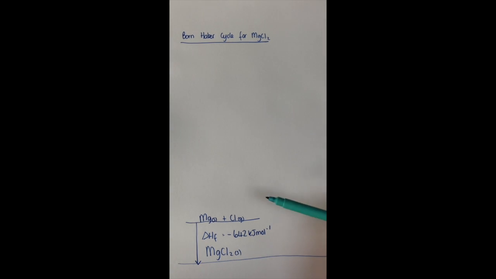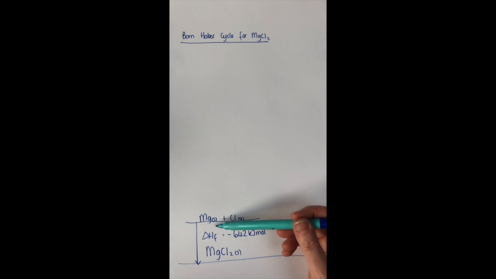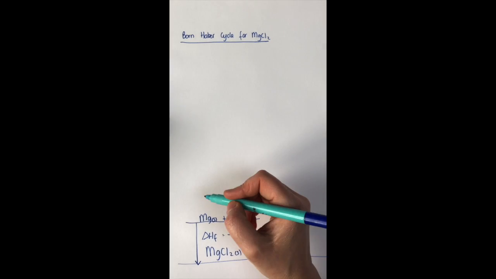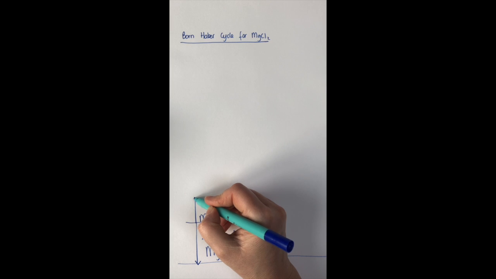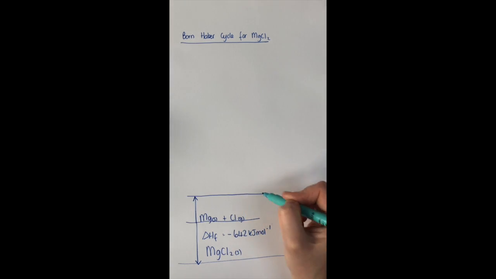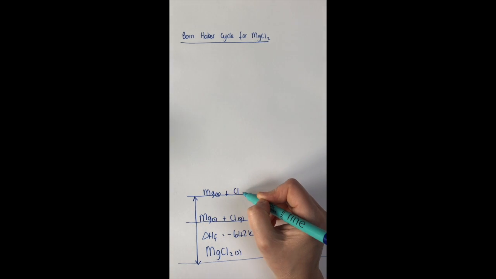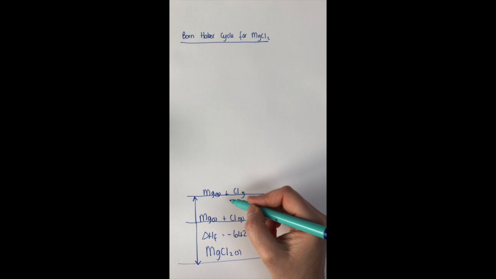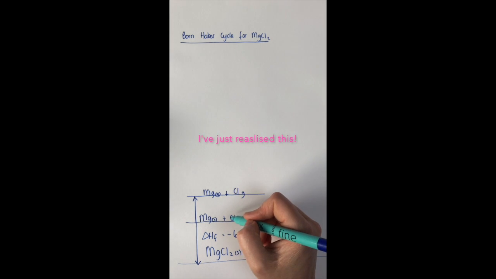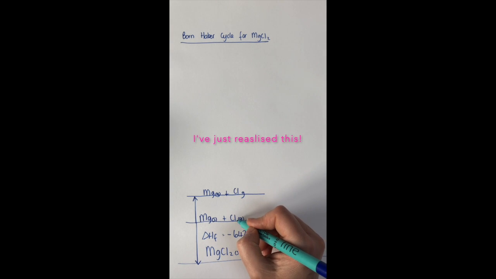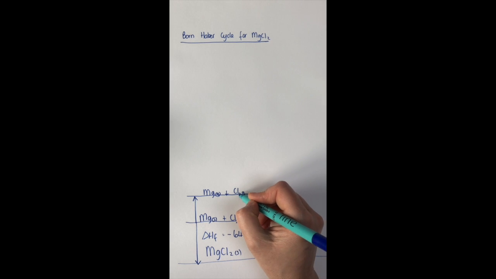Okay, so next we need to atomize our magnesium to form magnesium atoms. So let's draw an arrow up. And we've got our magnesium atoms. They're going to be gaseous, plus of course that chlorine. Sorry, I forgot to put on here that we've got magnesium chloride there.